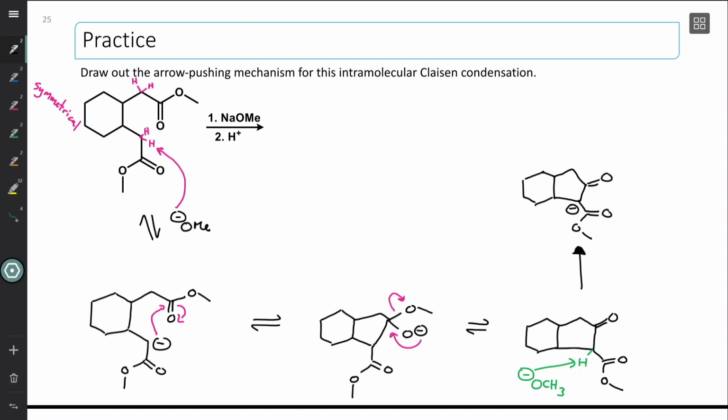And now that I have this enolate here, now I have to quench to actually get, for real, the final product. So this is with H+.